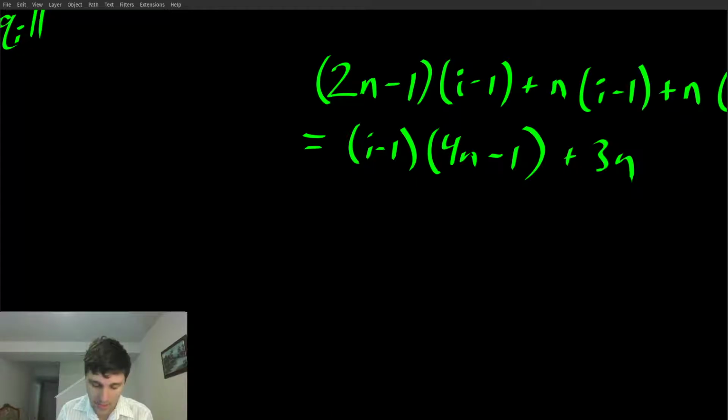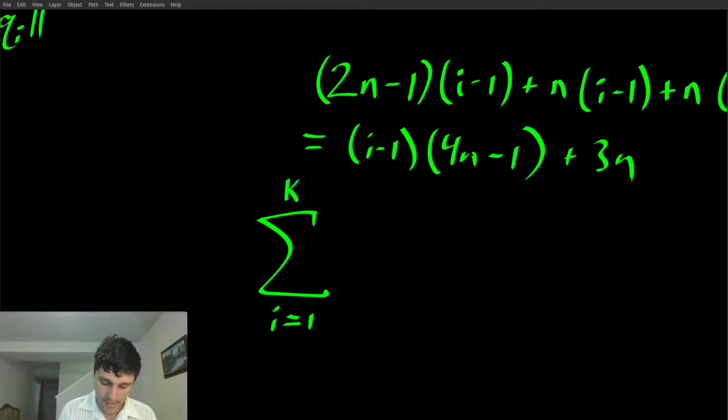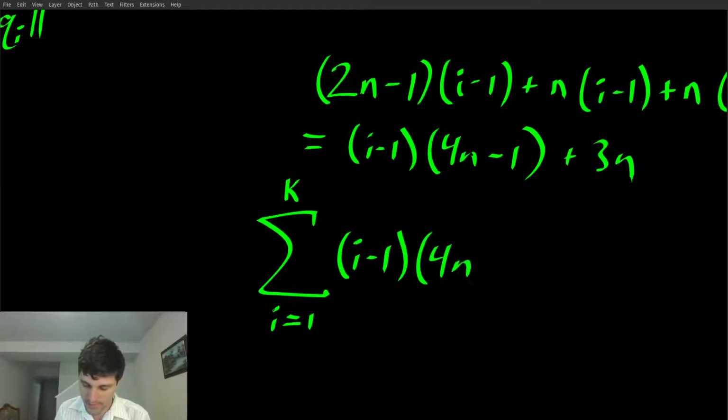So our total count here is something like the sum from i equals 1 to k of this thing up here, i minus 1 times 4n minus 1 plus 3n. So my loop actually starts at 2, so maybe I should start at i equals 2.